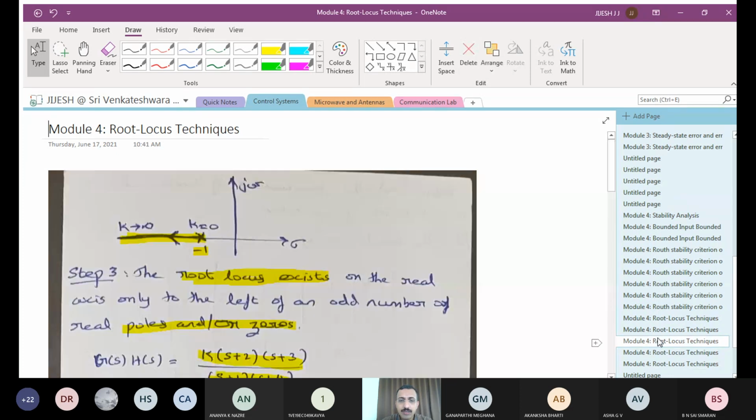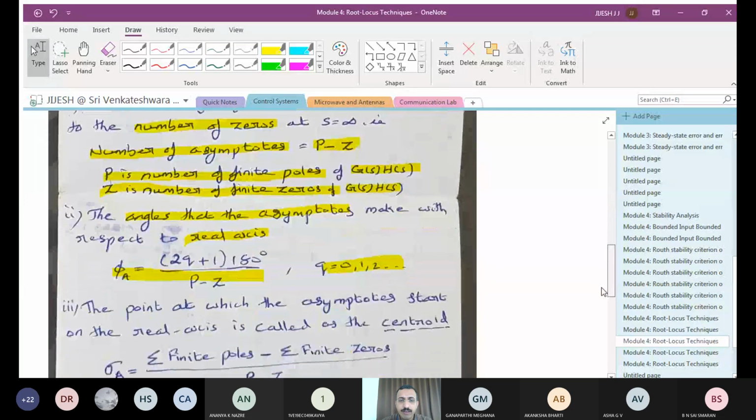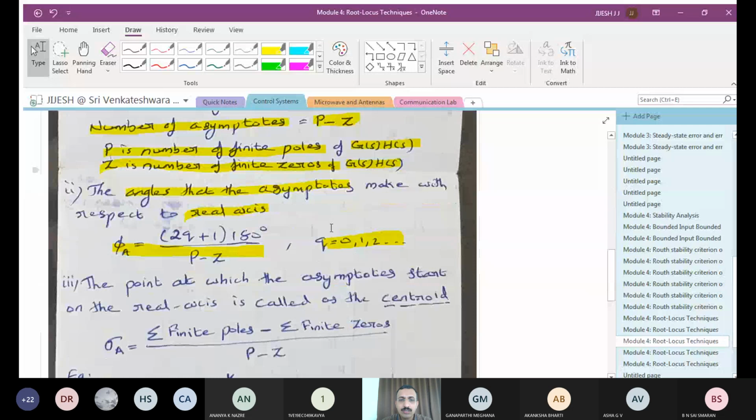Here is the equation to find that angle: phi a is equal to (2q plus 1) into 180 degrees divided by p minus z. Q is 0, 1, 2, 3, etc. P is the number of poles and z is the number of zeros.